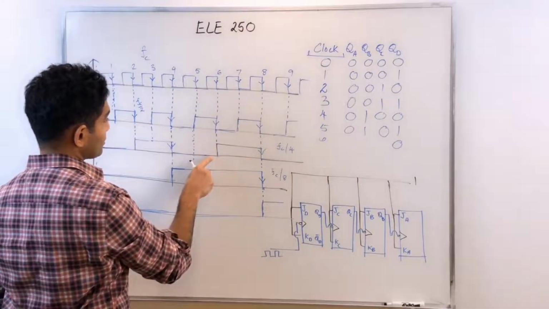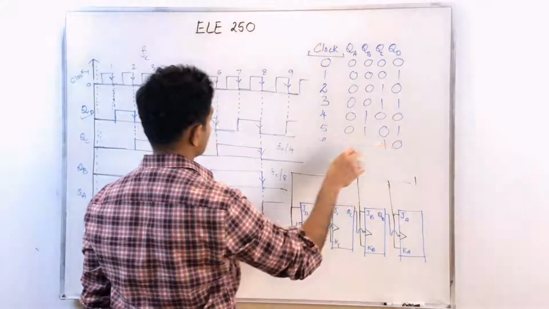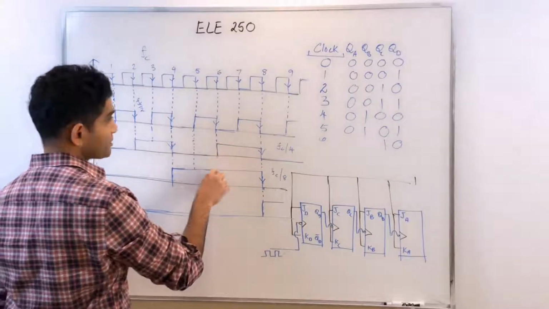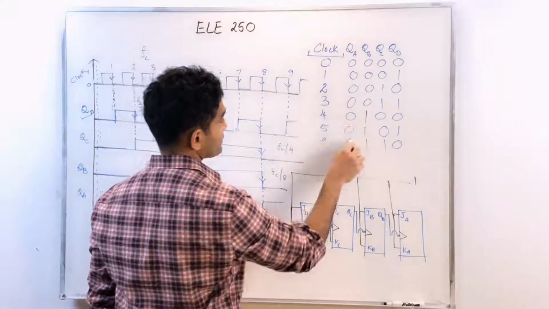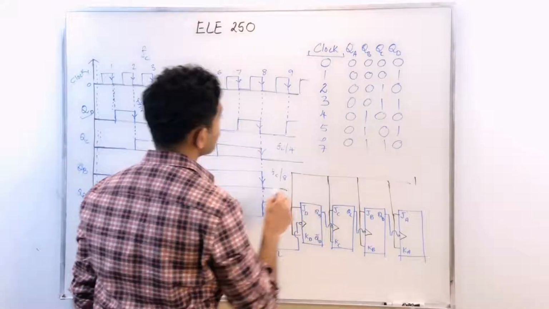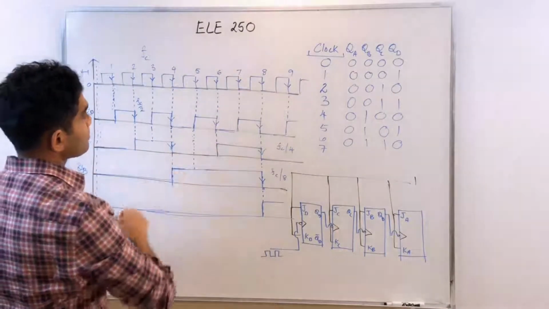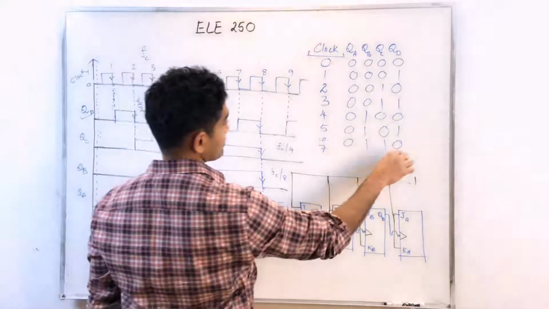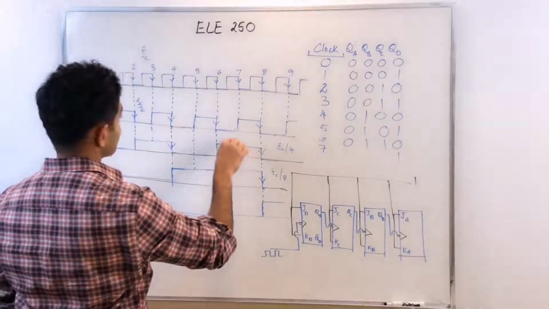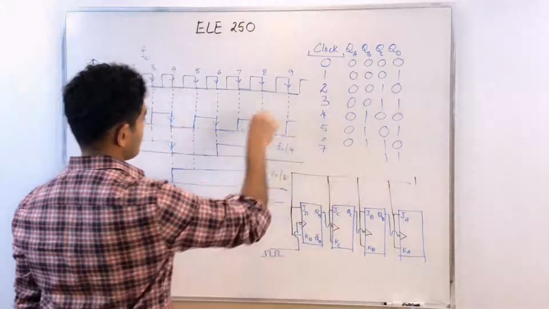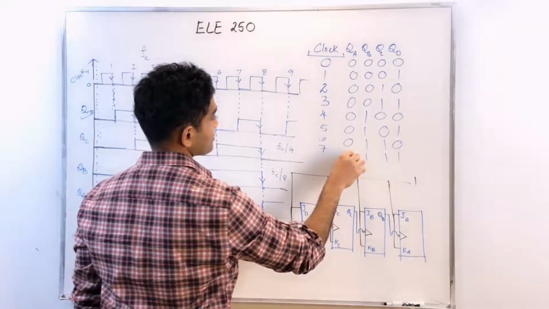QC toggles as well, that goes from 0 to 1. QB still remains 1, and QA is still 0. On the seventh, QD is 1, QC is 1, QB is 1, that's it.